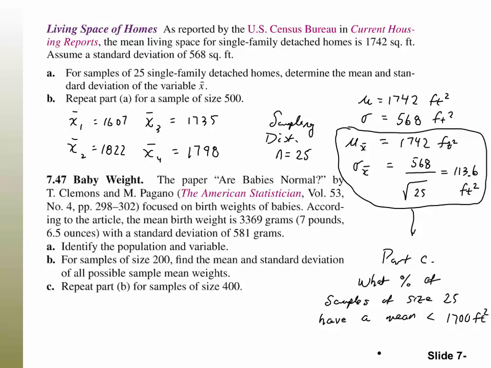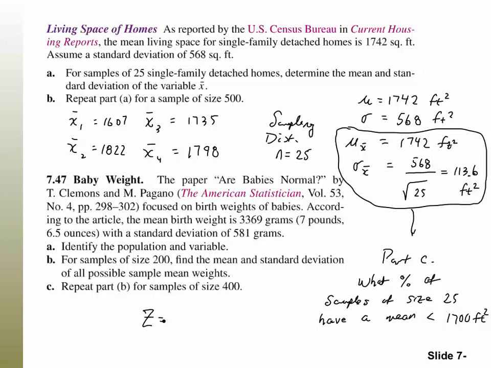We know how to do that. How do we do that? Find standard deviation. So the area to the left of 1700 that you find. Yeah, so what are we going to find? We've got a mean and a standard deviation of a distribution, and I'm asking what percentage of samples of size 25, that's what our distribution is about, have a mean less than 1,700 square feet. What will we do first? Find the z-score.